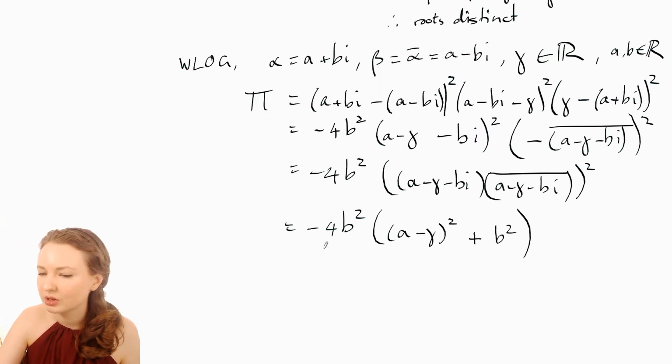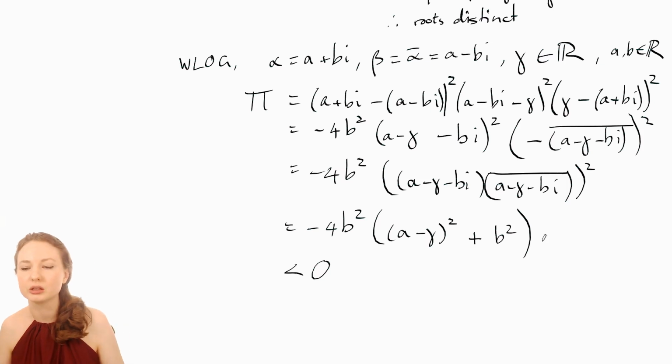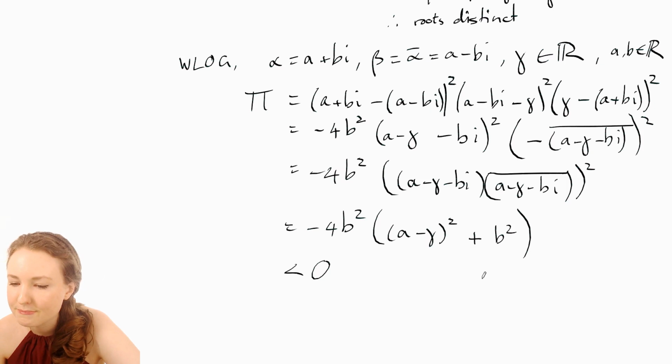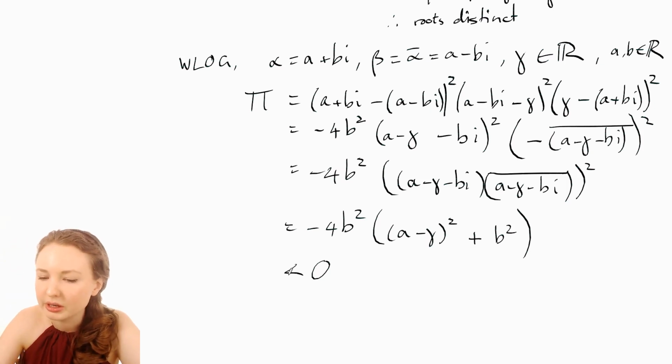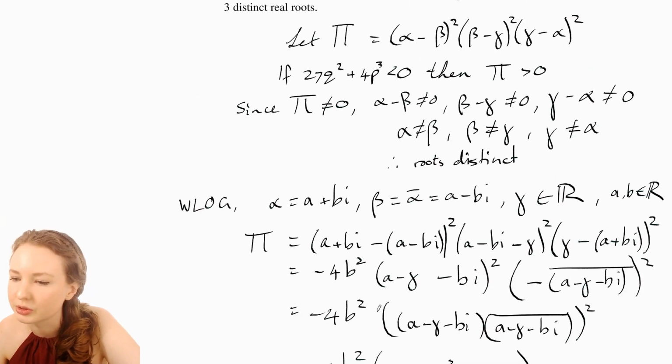You don't really have to justify that. It's because we've got squares of real numbers here. They're always going to be greater than or equal to 0. Actually, maybe I should say less than or equal to 0 rather than less than 0. That's fine, that's still a contradiction.